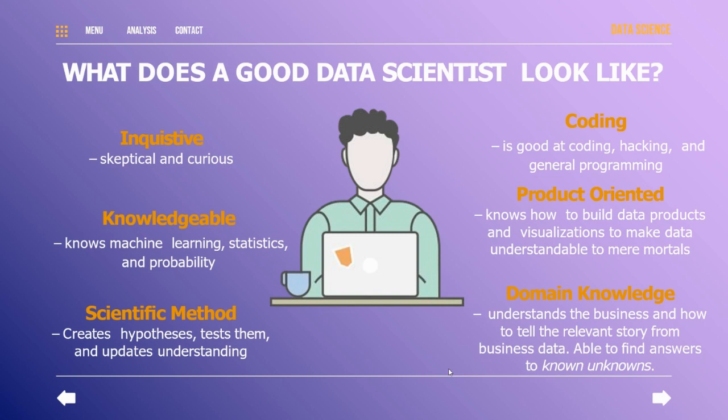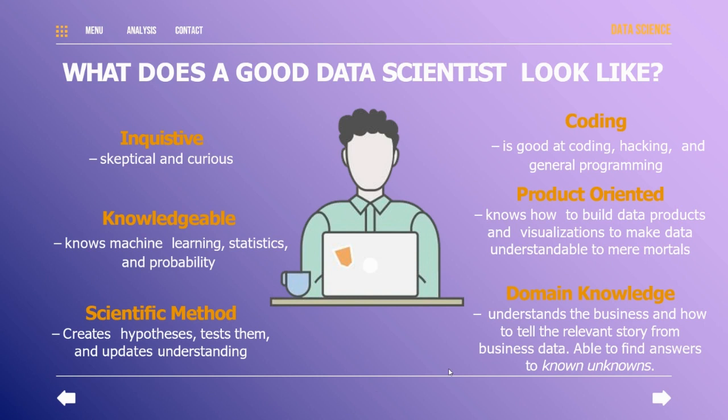Next, scientific methods. He should use the scientific methods, like creating hypotheses on the problem statement and testing the model with the test data. Next, updating the understanding. What he can get through the scientific method is that he will create his hypothesis, understand the data and update them.